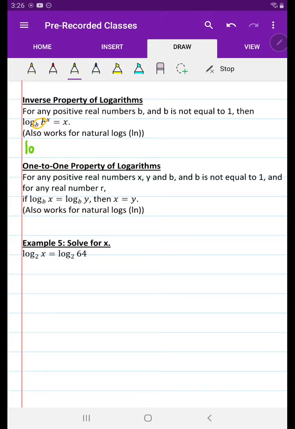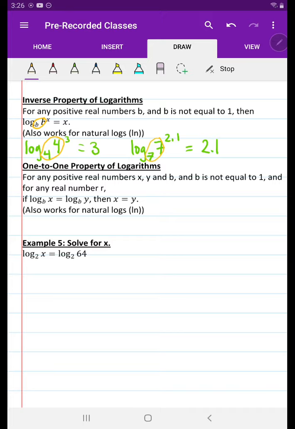If you have log base 4 of 4 to the third, it just equals 3. Or if you have log base 7 of 7 to the 2.1, your answer is just 2.1. Okay? So when your base and your argument are exactly the same, your answer is the exponent on your argument.